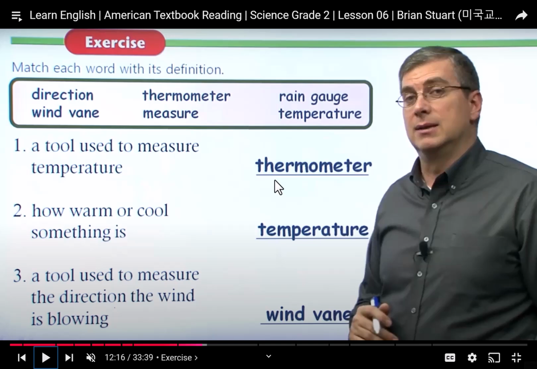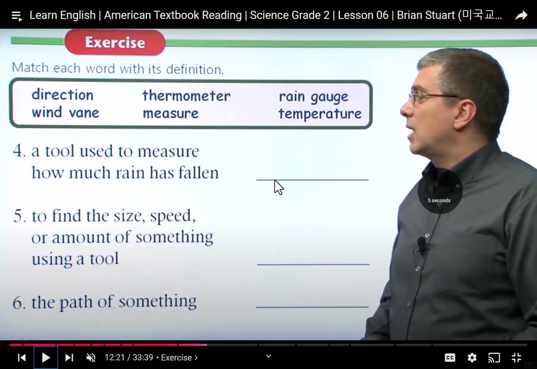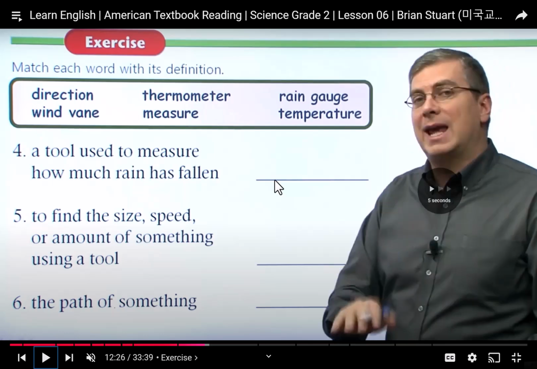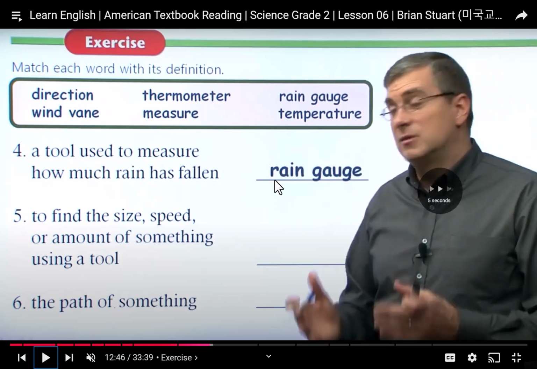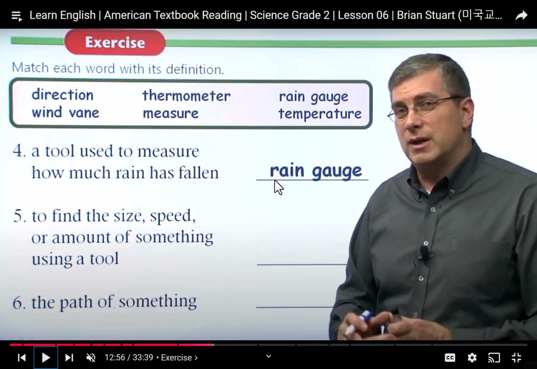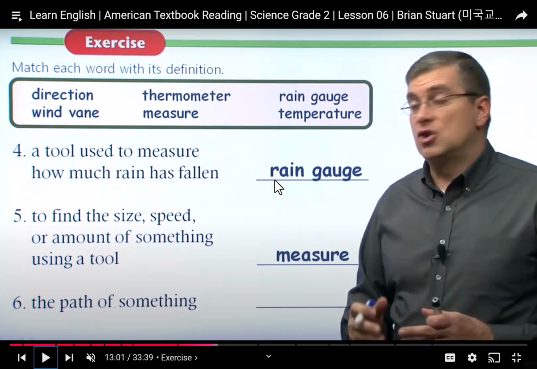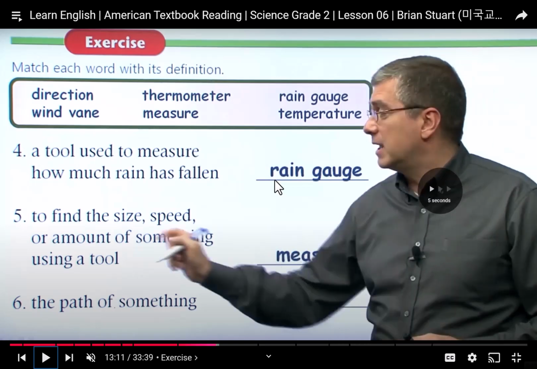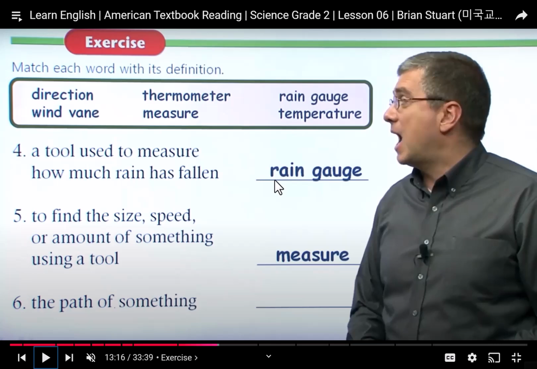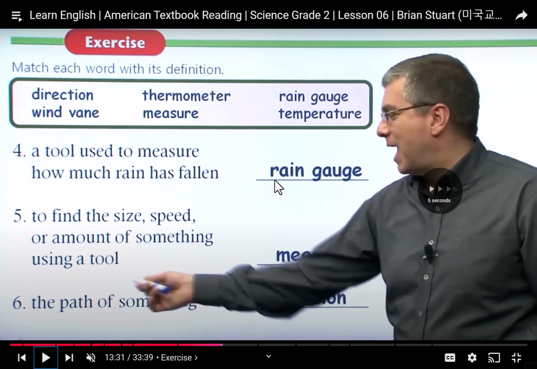A tool used to measure the direction the wind is blowing. 4. A tool used to measure how much the rain has fallen. 5. To find the size, speed, or amount of something using a tool. Measure. 6. The path of something. Direction.